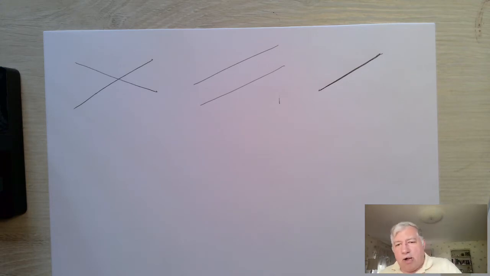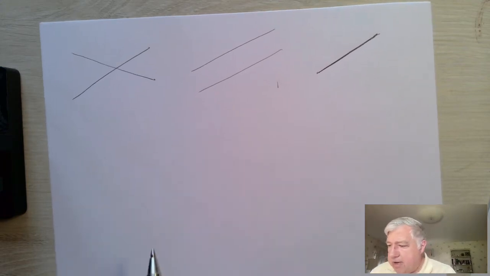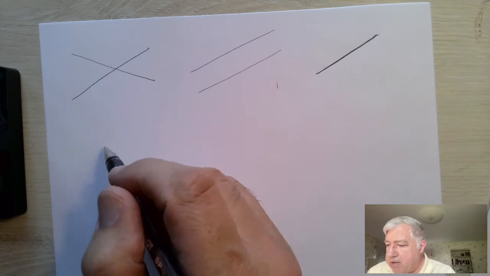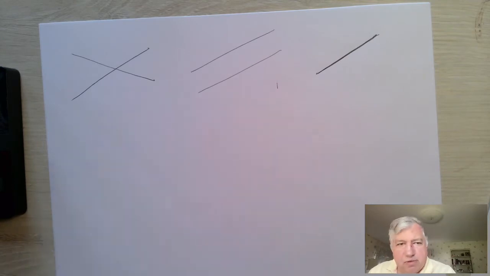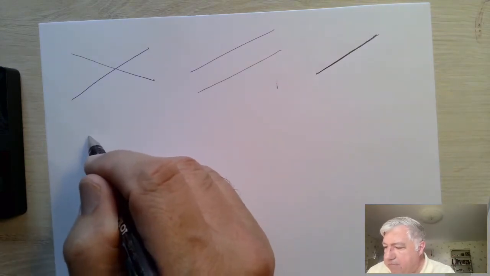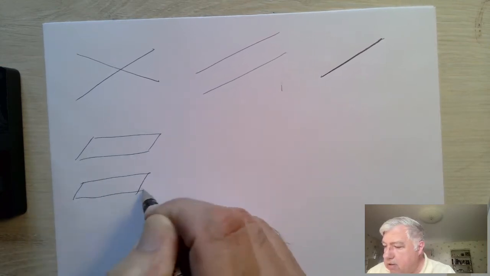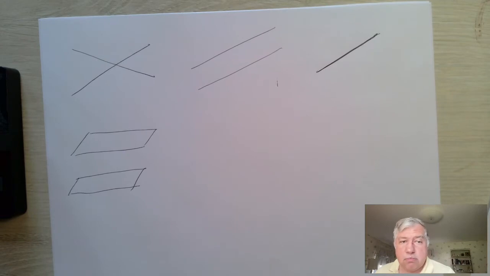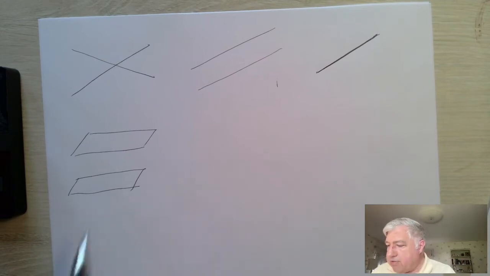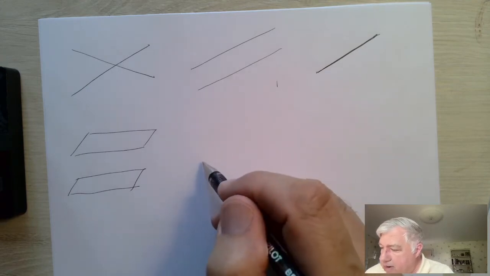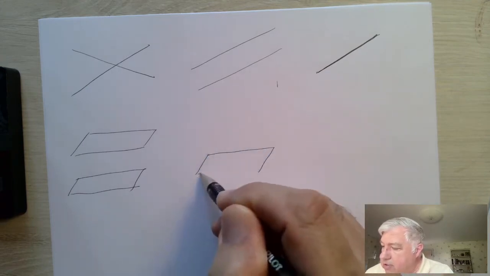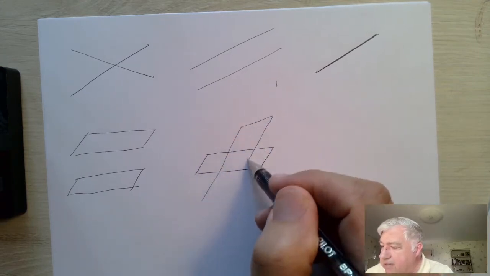Now, if we talk about planes in R3, there are some more possibilities. You could have planes that are parallel, which don't meet at all. That's with two planes. Or we could have two planes that intersect.